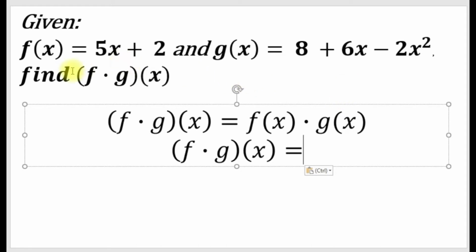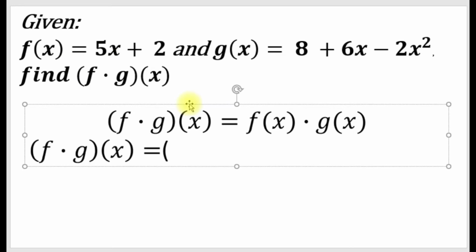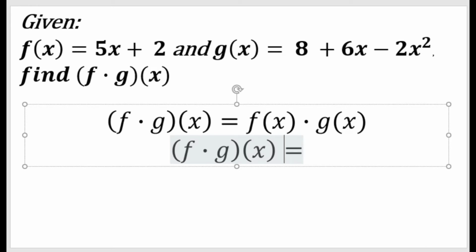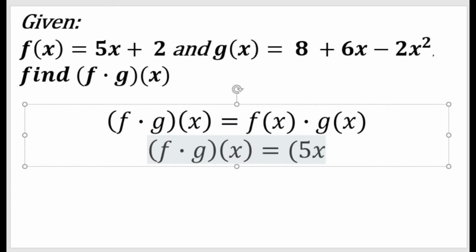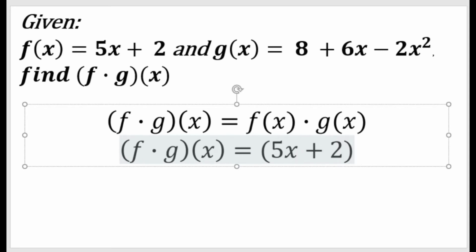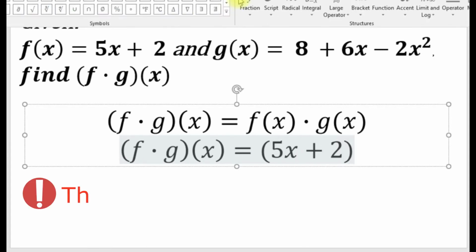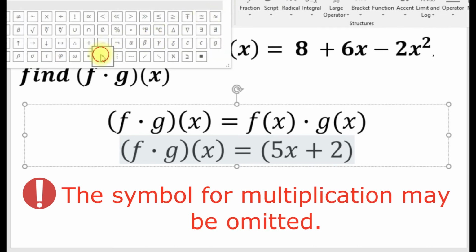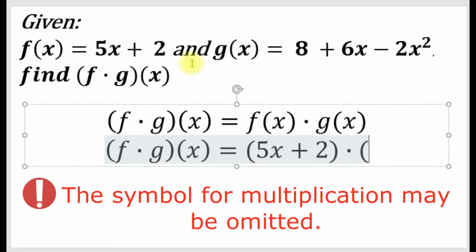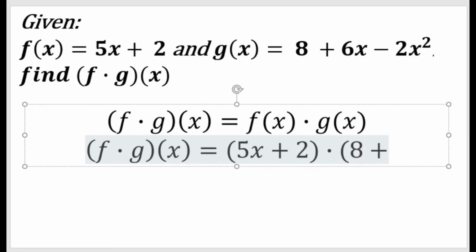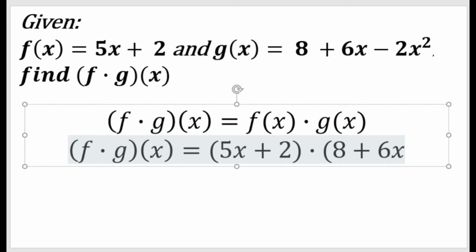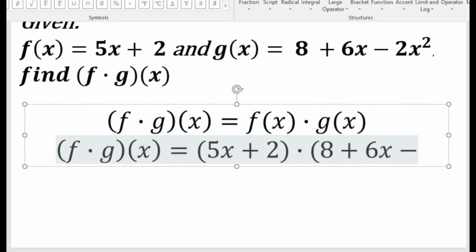Doing that, we'll have 5x plus 2 dot 8 plus 6x minus 2x squared.